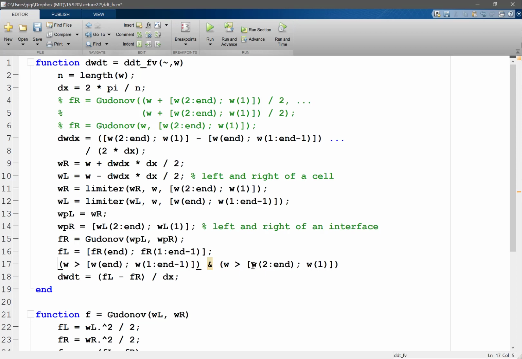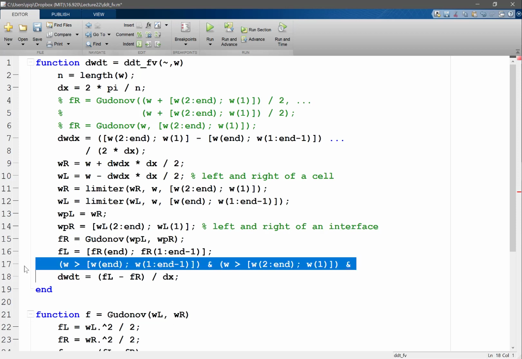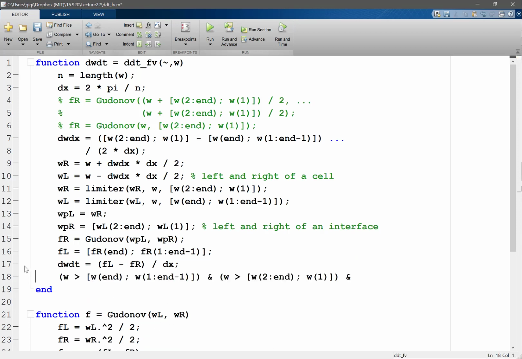This is basically an operation across the entire solution that is going to give me a Boolean array of 0s and 1s, truths and falses. Okay, and I'm going to put another AND over here saying that the solution is still increasing, which means dW dt is greater than 0. So this is supposed to be all false, right?